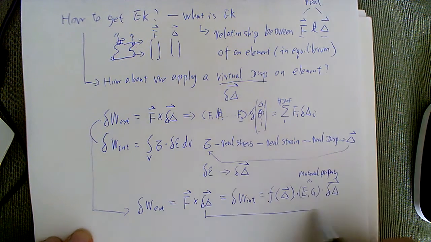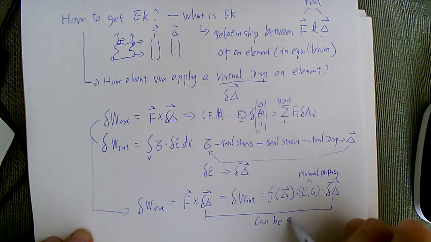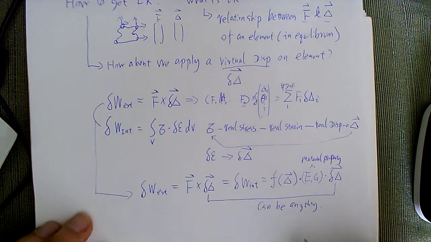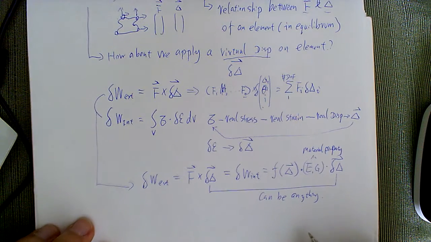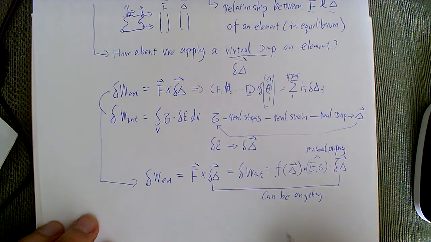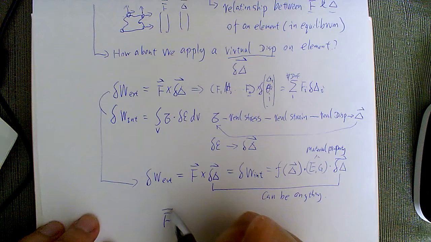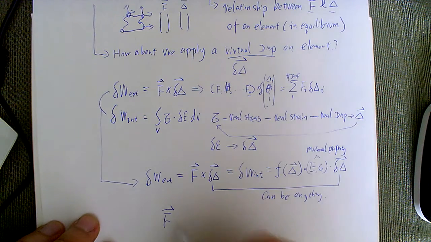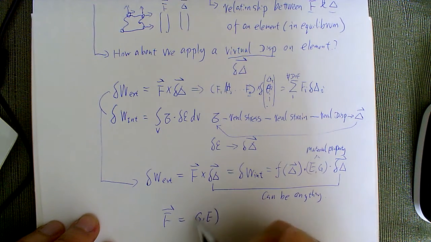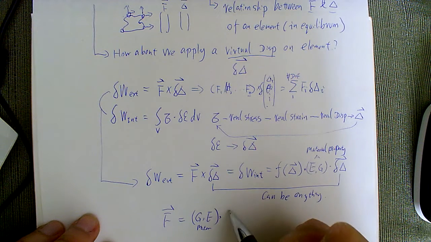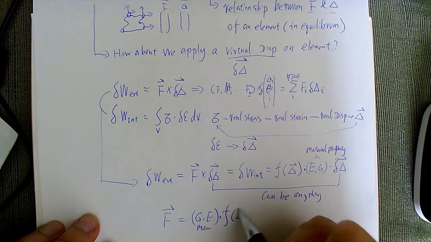Then, since those two guys can be anything, if you get rid of them, or just assume they are anything, you can get a relationship. So what's left is the relationship between this guy and some E, G, some material stuff, and then times a function of this guy.